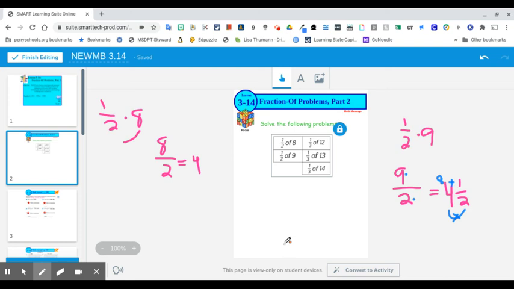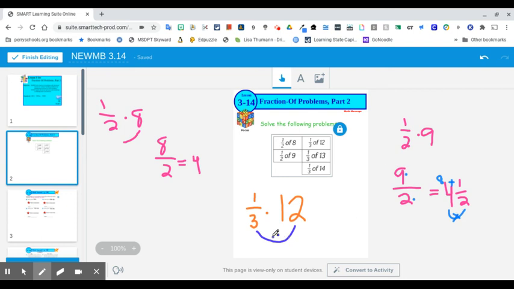It doesn't always work out great, just like these with these odd numbers, but we still can solve them. So let me do the 1/3 of 12. So when you have a fraction of problem, you can take the 12, and in this one we multiplied when we were checking it.